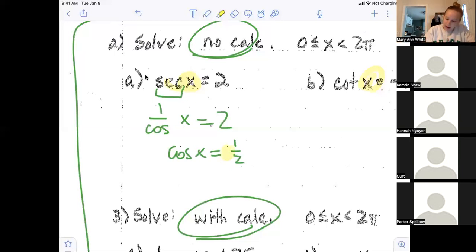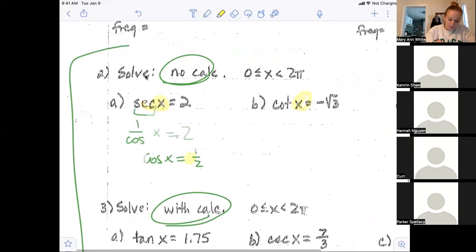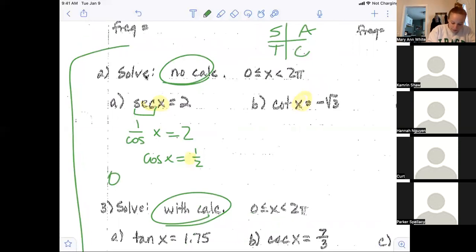My 1/2 is positive, so we have to remember all students take calculus. Cosine is positive in 1 and 4. So I'm looking in quadrants 1 and 4, where cosine is 1/2.